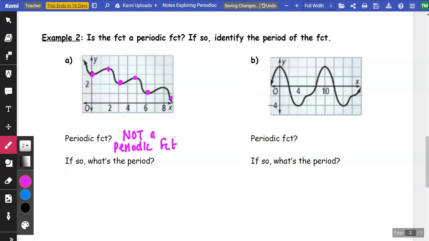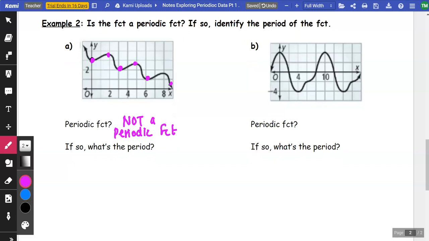So then looking over at part B, again, we're looking for a pattern that presents itself and keeps repeating. So for example, it looks like a cycle could be here. And then once again, it looks like it's going to repeat that same cycle. So is this a periodic function?